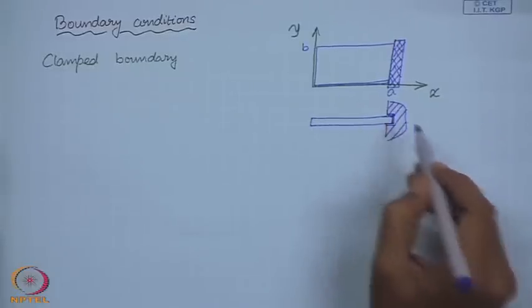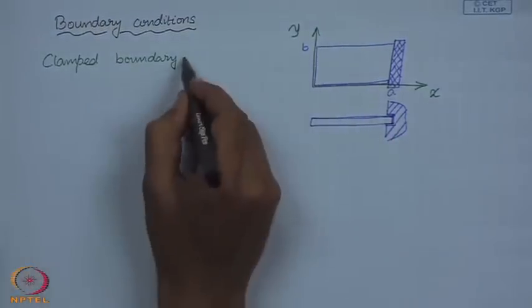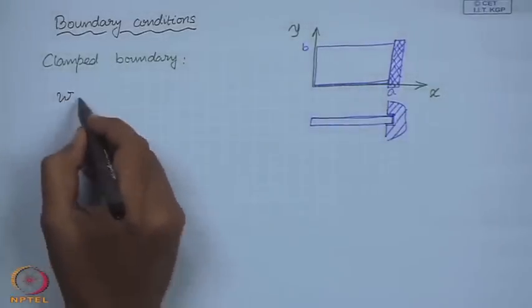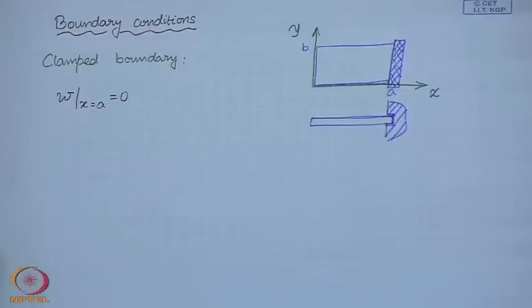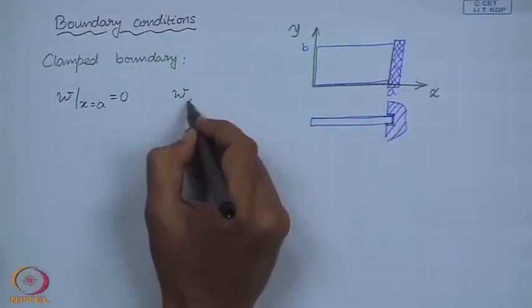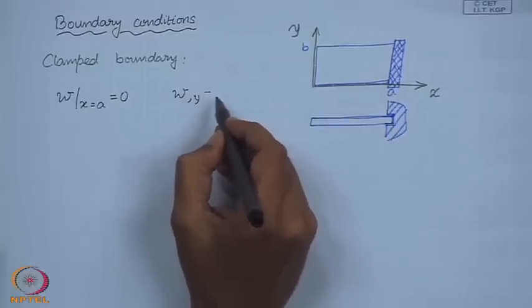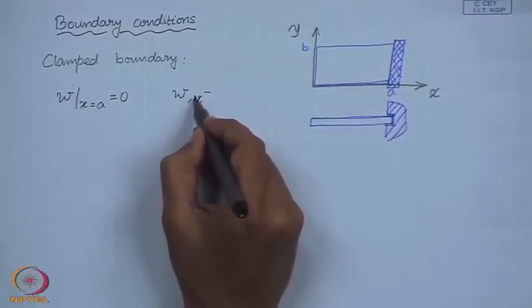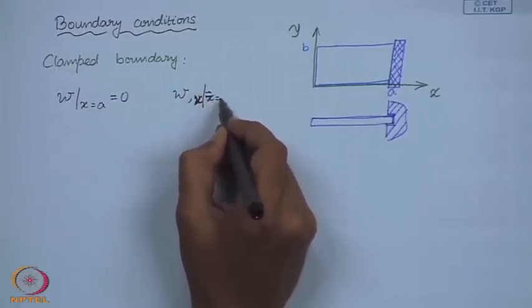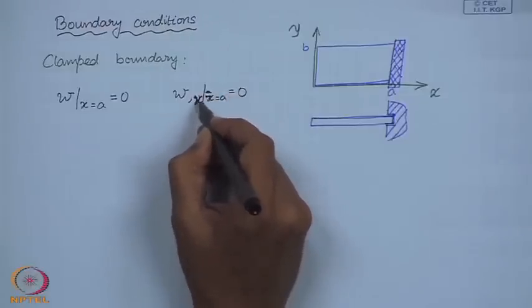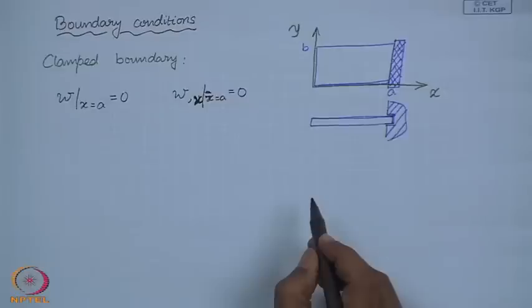If the boundary is clamped, this is actually quite simple, then the displacement must be 0 and of course the slope must be 0.